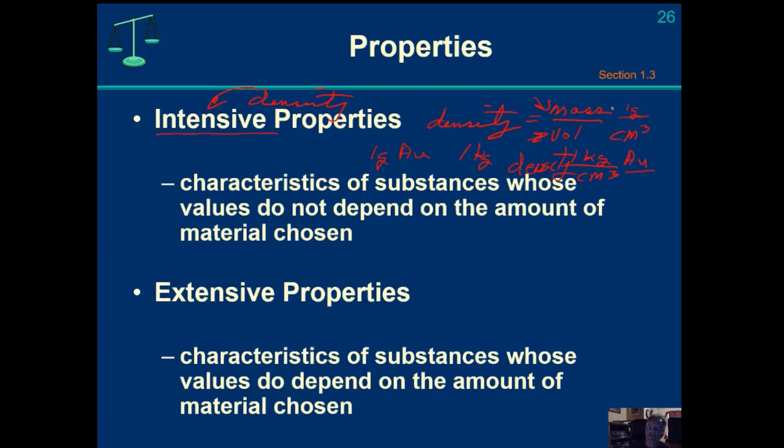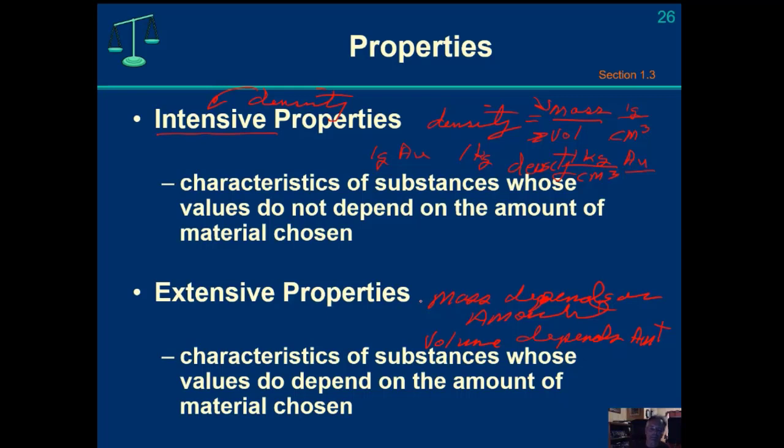Now, as I increase the mass of the gold from 1 gram to 1 kilogram, which is 1,000 times greater, I also increase the volume of the gold proportionately, so that I wound up with the same density no matter what the mass was. So mass does depend on the amount. And one of the things that changed when I changed the mass was the volume. So the volume also depends on the amount.